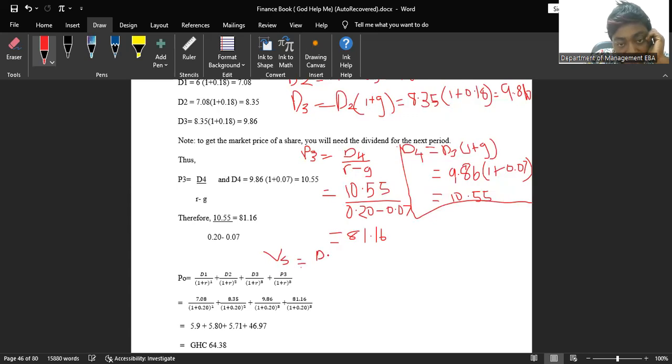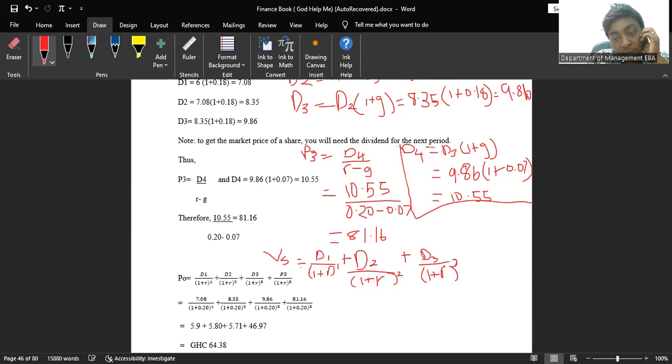So we discount D1: D1 over 1 plus R raised to the power 1, plus D2 over 1 plus R raised to the power 2, plus D3 over 1 plus R raised to the power 3.